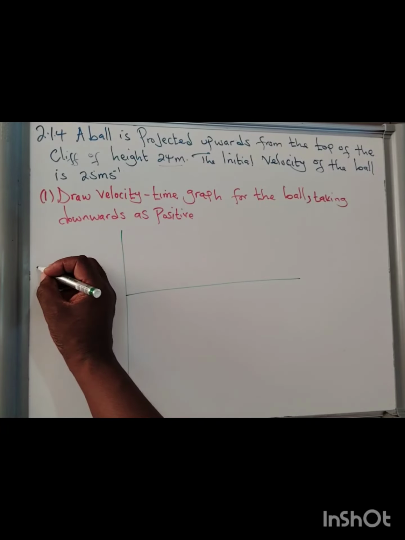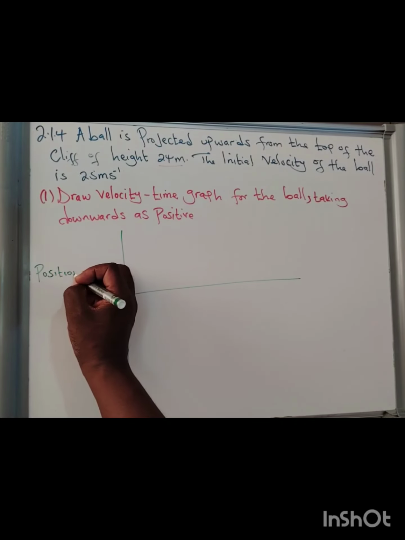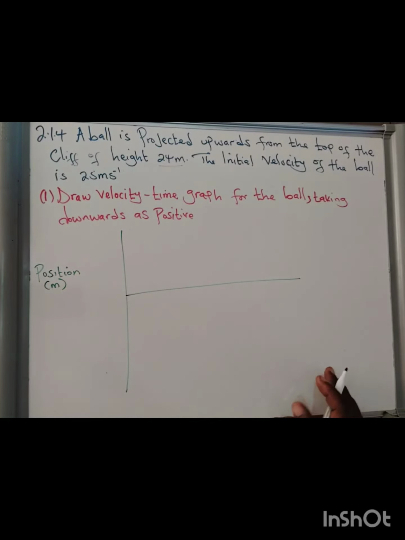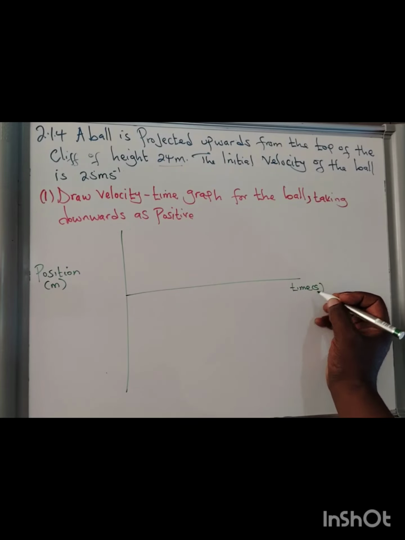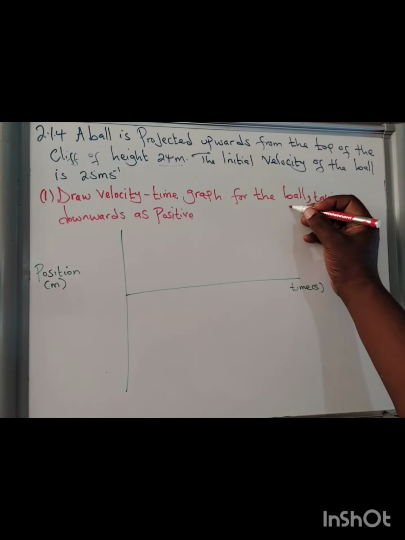And what do we have here? Velocity in meters per second. And here we have time in seconds. Okay. And we have chosen downward as positive.